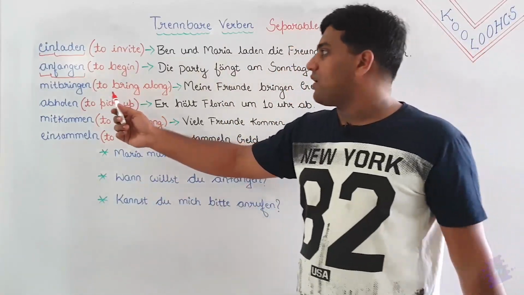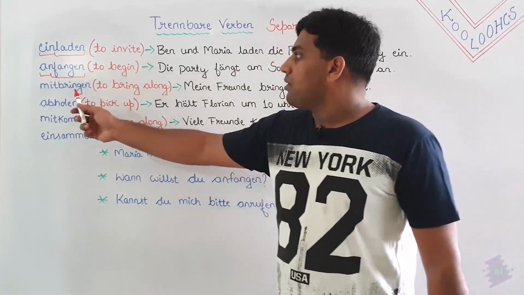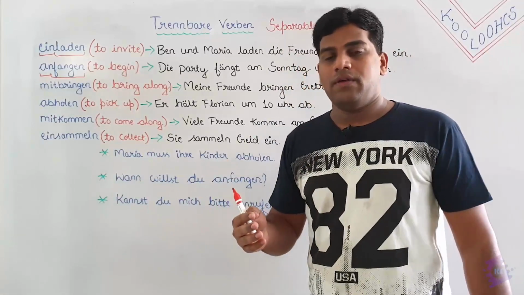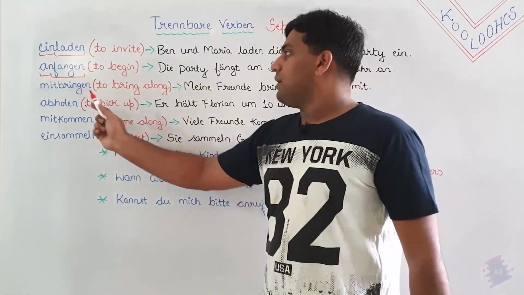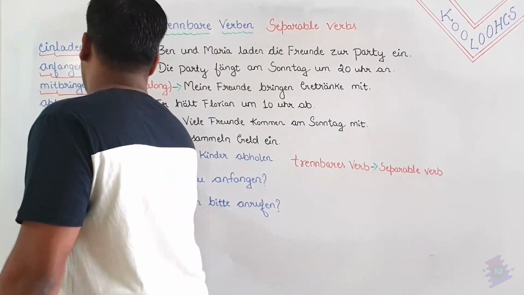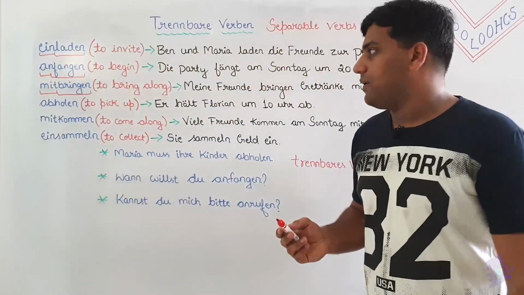So let us look at the third separable verb we have. That is mitbringen, which means to bring along. Mit is the prefix, and bringen is the verb that you conjugate.